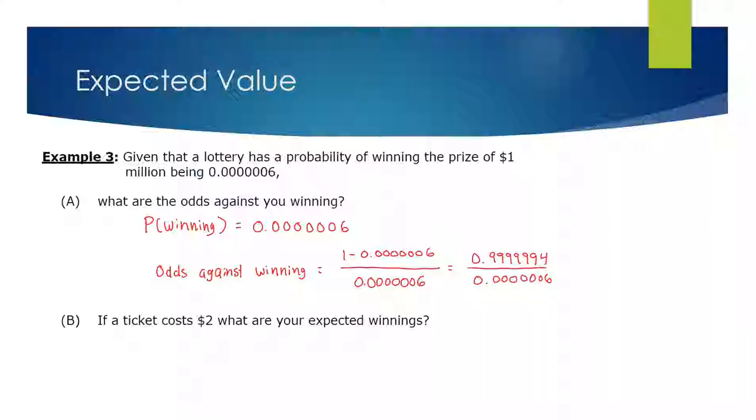If you work this out on your calculator using some basic arithmetic, because your calculator will not necessarily turn this into a fraction for you, I can get basically a 1,999,997 over 3 fraction, which means that the odds against winning are basically 1,999,997 times to each 3 times that you play, or in this case, every $3 that you spend.